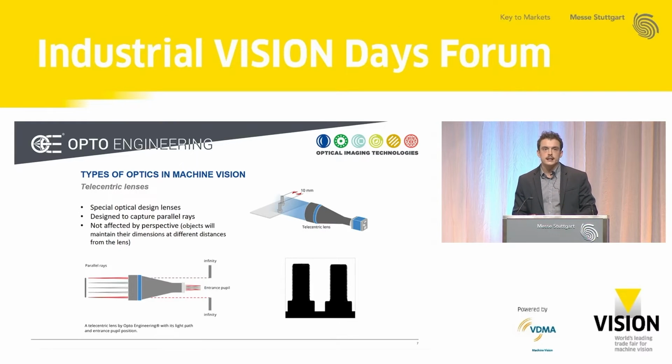The advantage of such an optical design is that objects maintain their dimensions no matter where they are in front of the lens. So even though they are at different distances, the same object will appear with the same dimension.